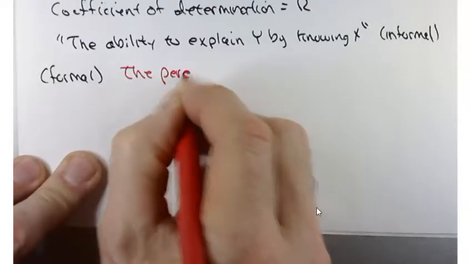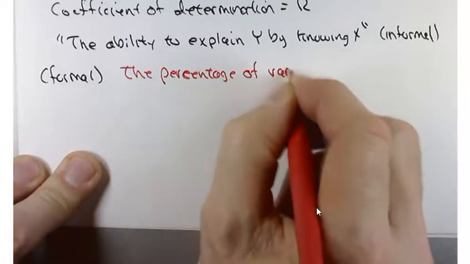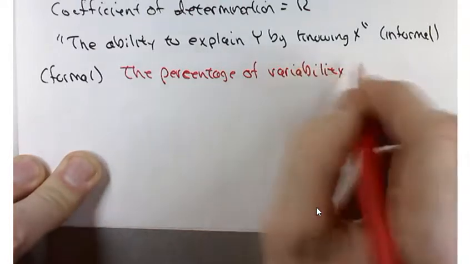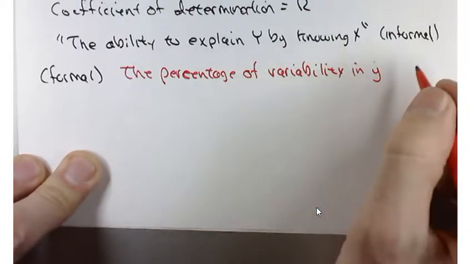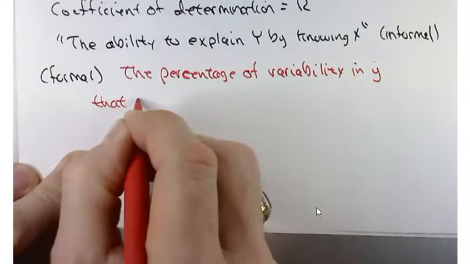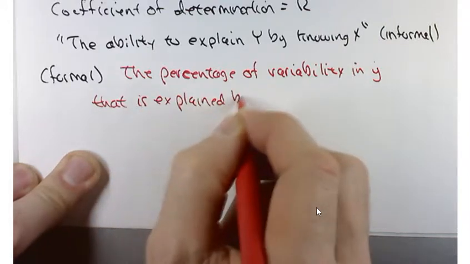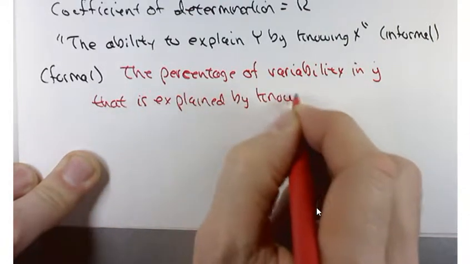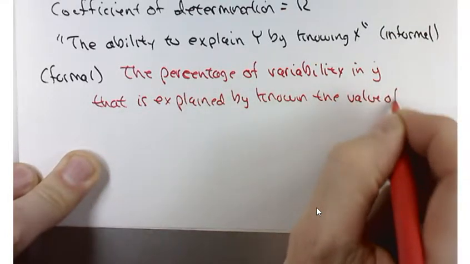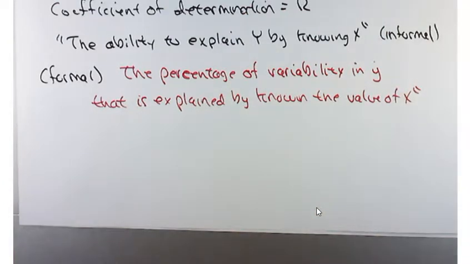Percentage of variability in y that is explained by knowing x. Okay.